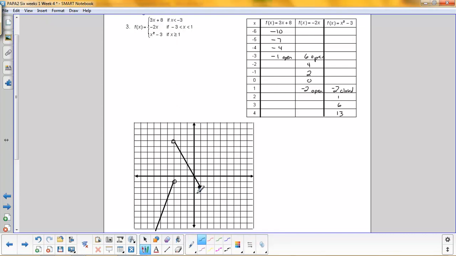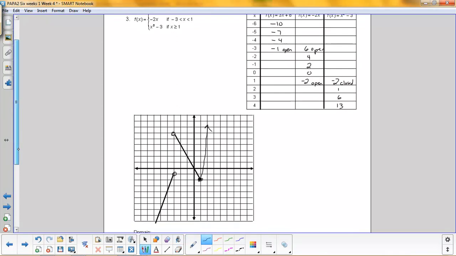And the third and final curve will be x squared minus 3. Again, we will draw x squared minus 3 and erase the parts we will not need. Now because I do not need this left side, I will not bother redrawing it. I'll simply erase this part right here. And there is our third and final function.